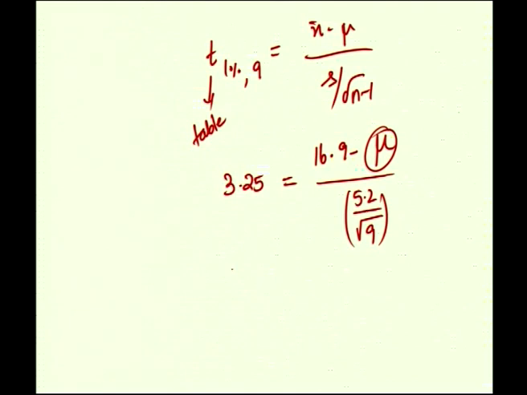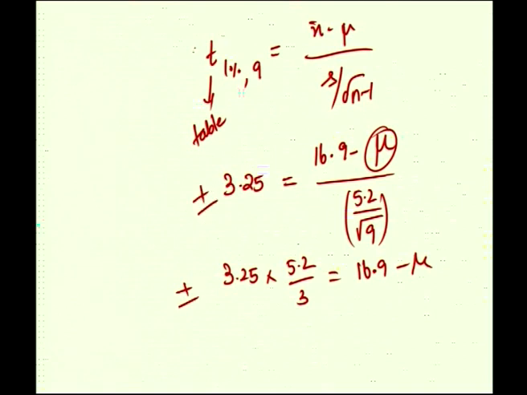Just cross multiply: 3.25 into 5.2 by 3 is equal to 16.9 minus mu. We have to take up this plus or minus value because of the modulus we are taking. So, mu is equal to 16.9 plus or minus 3.25 into 5.2 by 3.